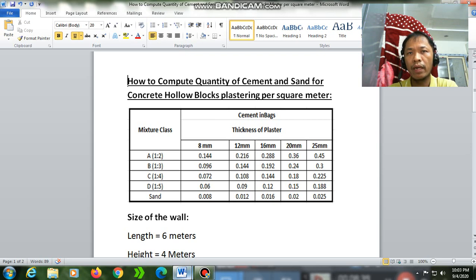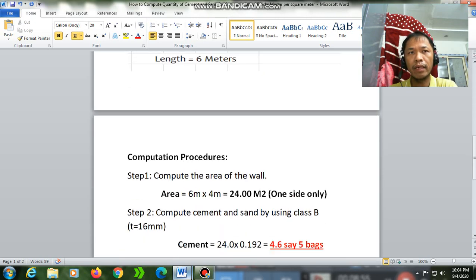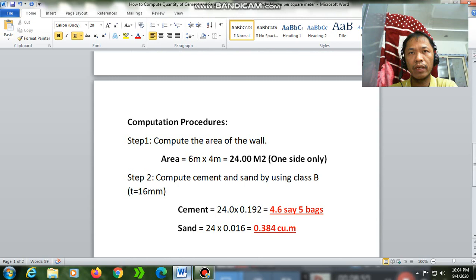So we will find the quantity of cement. And we multiply by 0.016. We will find the quantity of sand in cubic meter. So going back to the area, using class B, the area is 24. So multiply by 0.192 is equal to 4.6 bags.